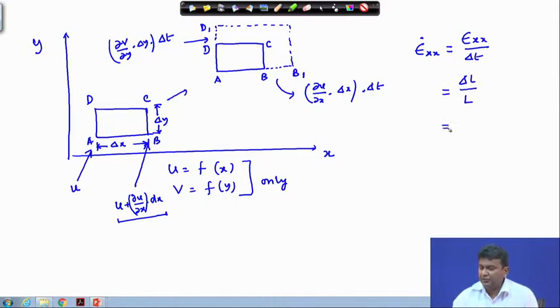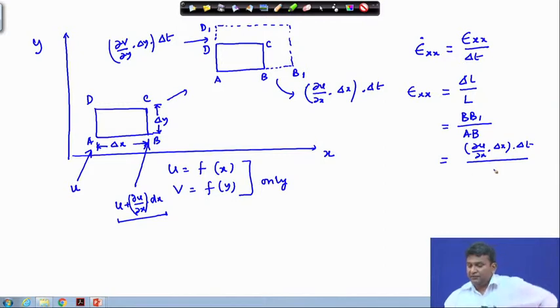For the x direction, that will be B B1 divided by A B, which turns out to be del u del x into delta t. Remember, we are talking about strain, divided by the original length delta x. So, this gets cancelled out, and for the strain rate, you divide the expression by delta t. That gives you del u del x.